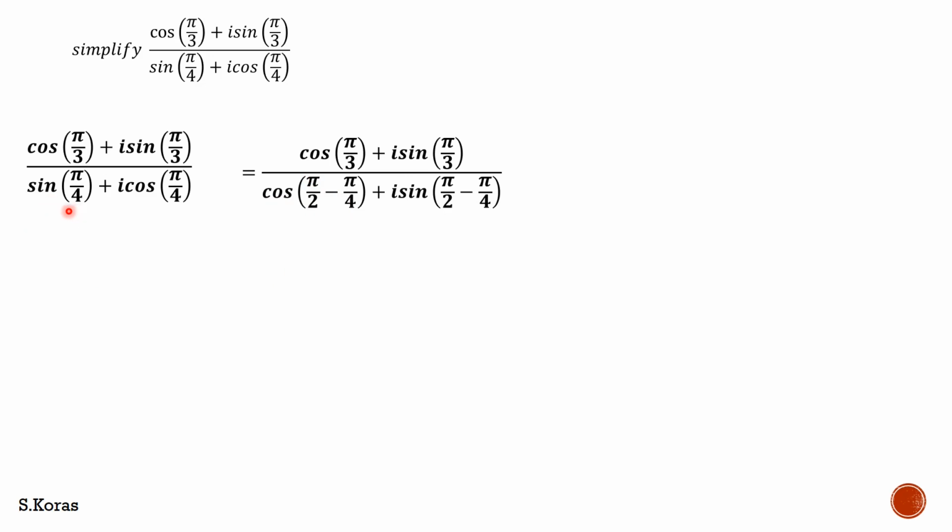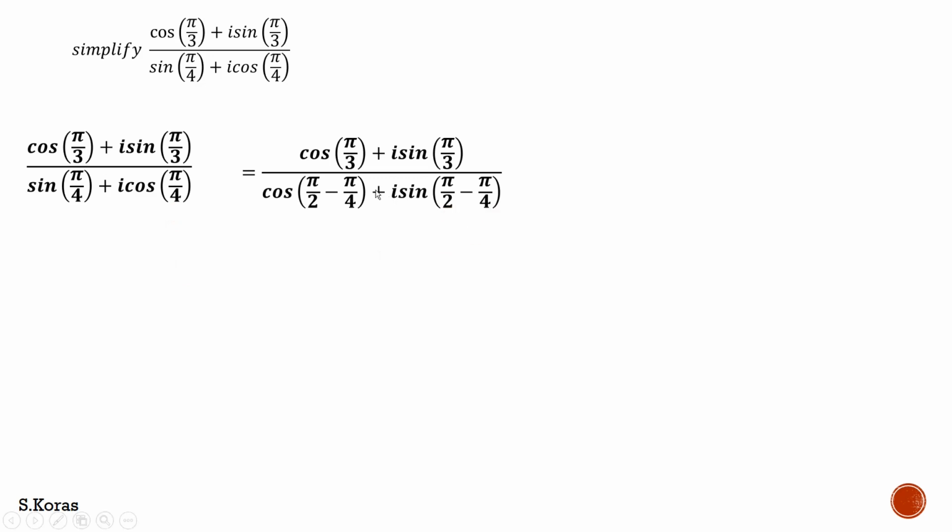The same way, for plus I, cos theta can be written as sine of 90 minus theta. So instead of cos, we can write sine. If we change cos to sine, then we have to write 90 minus theta. Here the theta is pi by 4. So 90 minus pi by 4.